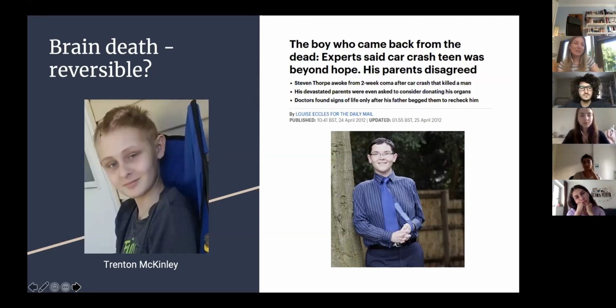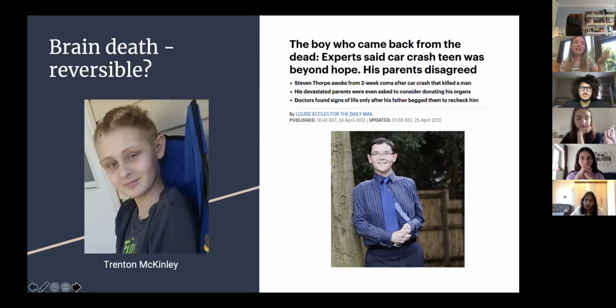And 2 weeks later, Stephen woke up from his coma, and within 7 weeks, he was able to leave the hospital. Again, in this case, there was also a mistake, and the probable cause of what went wrong in his exam is that the doctors didn't pay attention to his medication, which might have caused the temporary failure of his brainstem.